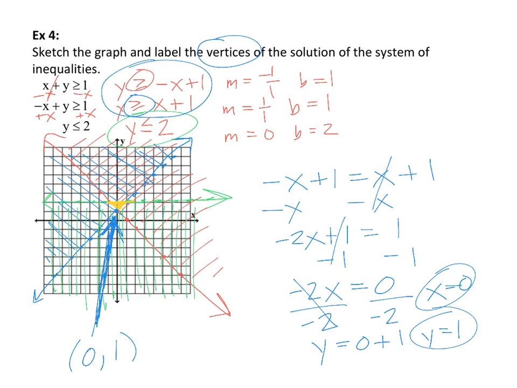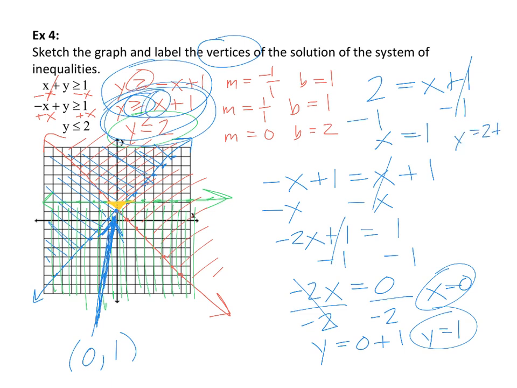And let's set these two equal to each other. So I have 2 is equal to x plus 1. I subtract 1. I get x is equal to 1. And I plug that back in to here. And I get y is equal to 1 plus 1.